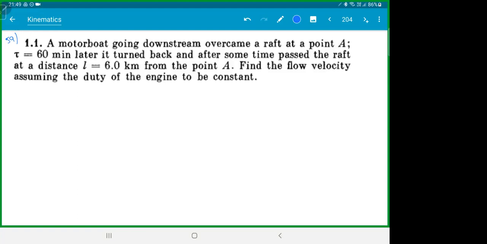How do we do this? First, try to understand what is happening there. A motorboat going downstream overcomes a raft. The meaning of the statement is someone just threw a wooden plank into the water.